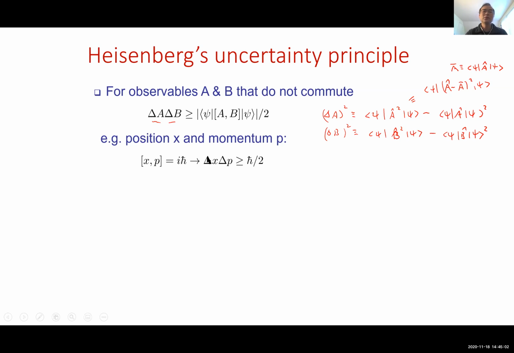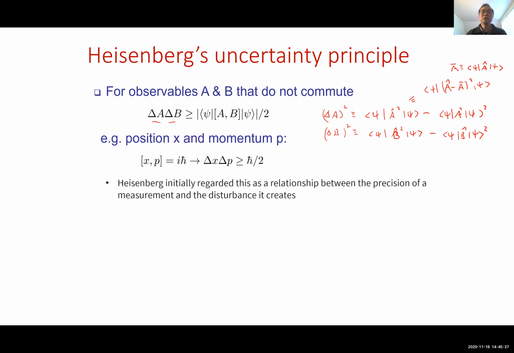Using this formula, delta x times delta p is greater than the commutator evaluated with respect to the state. And it doesn't matter what the state is, this is always h bar. So this is the uncertainty relation between position and momentum. And I'm sure many of you have learned this in your quantum physics.